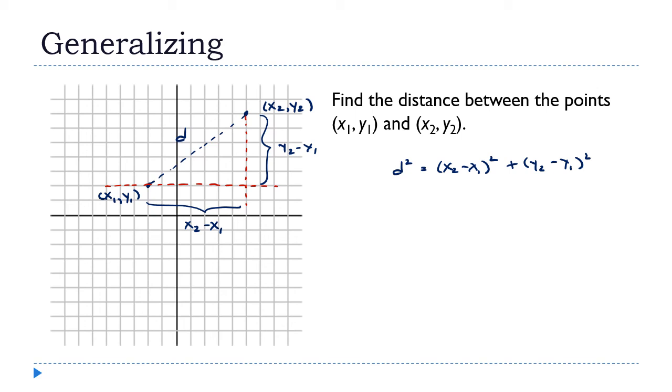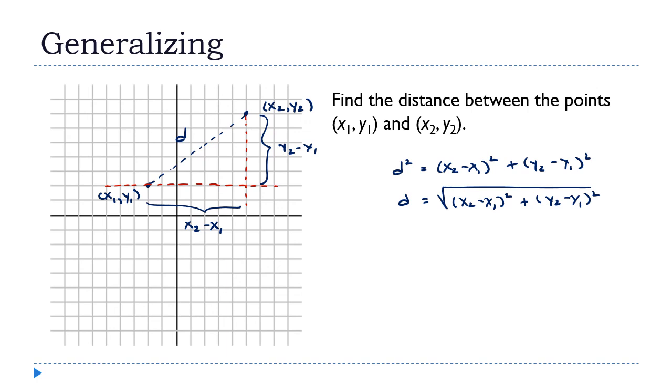So sometimes it's convenient to have it this way. But for purposes of answering the question, remember I really wanted to find D. So to find D, we take the square root of both sides, and I get D equals the square root of (x2 minus x1) squared plus (y2 minus y1) squared. And that is my distance formula.